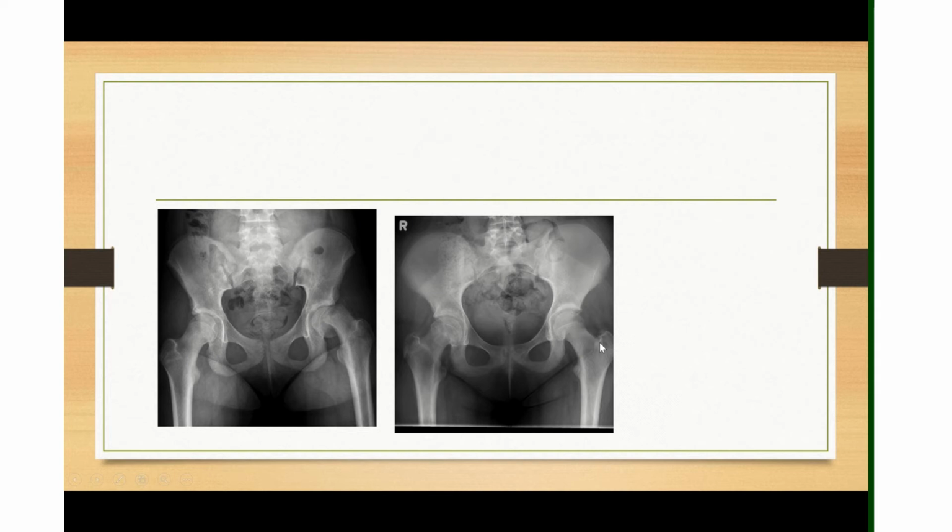And what is the significance of this line? If there is a slippage of the epiphysis, as in this case, if you draw a line along the lateral femoral neck, it is not cutting the epiphysis because the epiphysis has displaced medially. So Klein's line can be used for assessing the medial displacement of the femoral epiphysis.